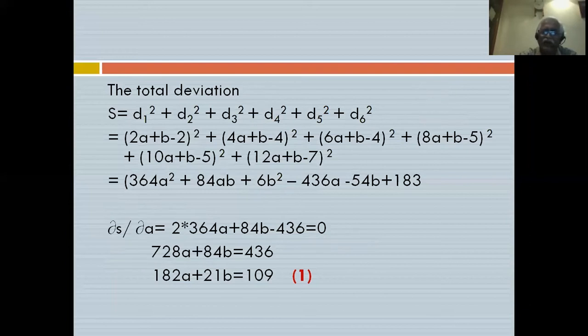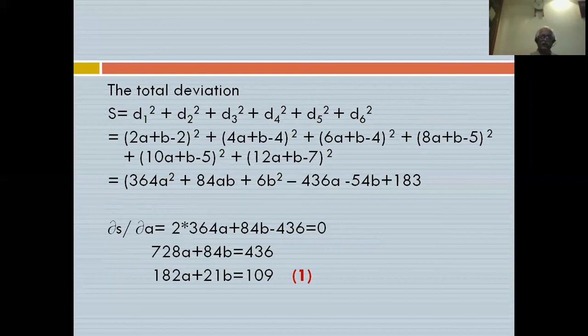Now we have to go to the sum of squares: d1 square, d2 square, d3 square, d4 square, d5 square, d6 square. So d1 square is (2a plus b minus 2) square, because our original data x is equal to 2.